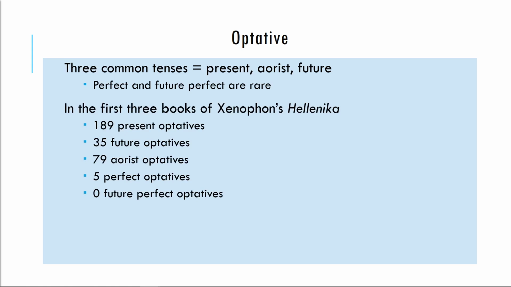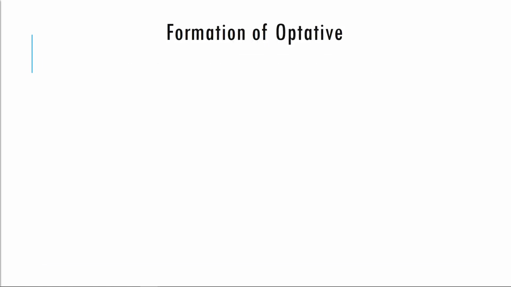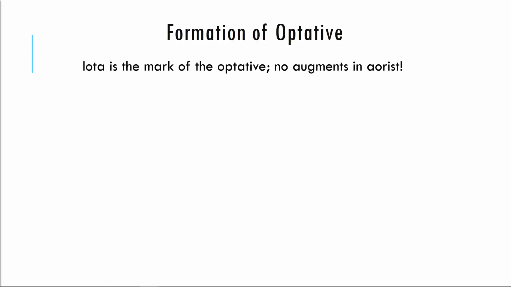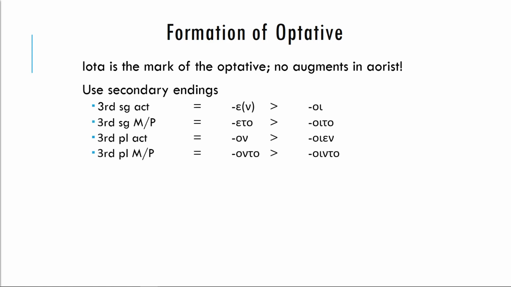Optatives, again, are so easy to spot because they look like other words, except that in the vowel that connects the stem to the ending, you get an iota. So the sign of the optative is an iota. Again, like subjunctives, you do not put augments in past tenses of the optative. So if you use the secondary endings, you simply add an iota to them, and you wind up with oi, oito, oin, ointo.